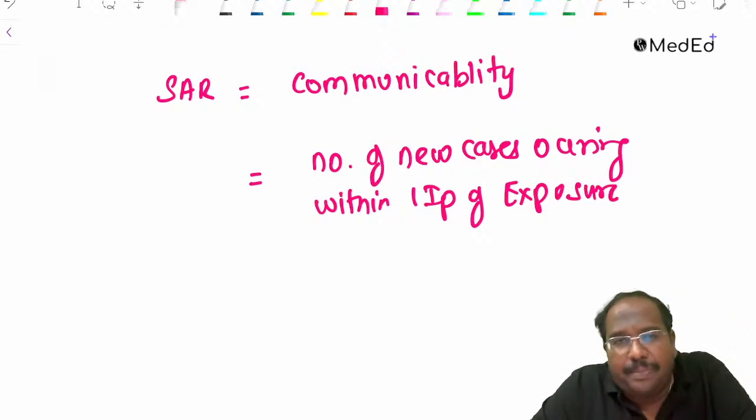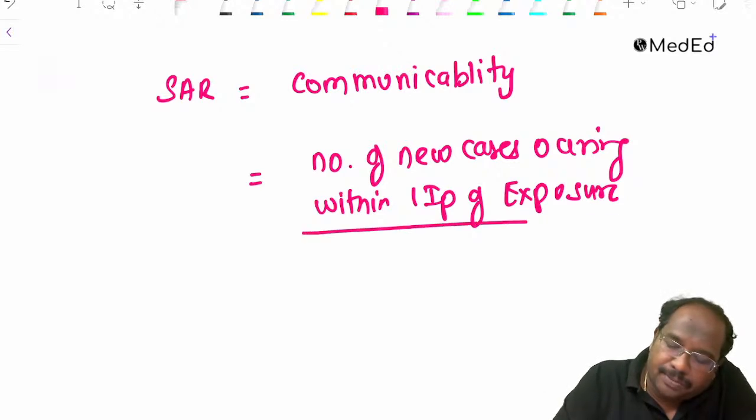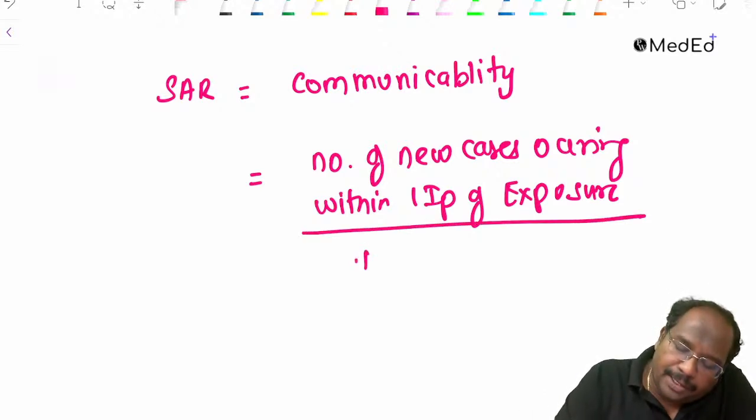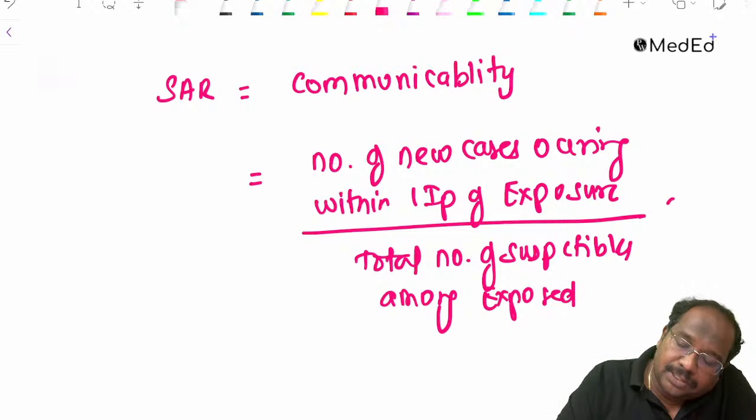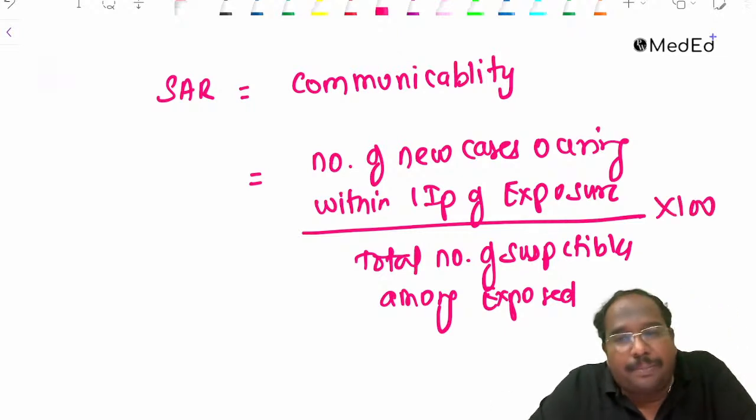Suppose there is a primary case. Following exposure to that primary case, how many new cases occur? So the number of new cases occurring within one incubation period of exposure, divided by the total number of susceptibles among exposed, multiplied by 100.